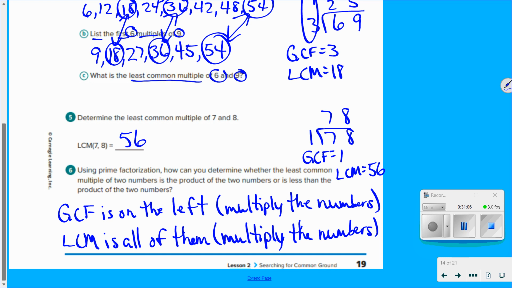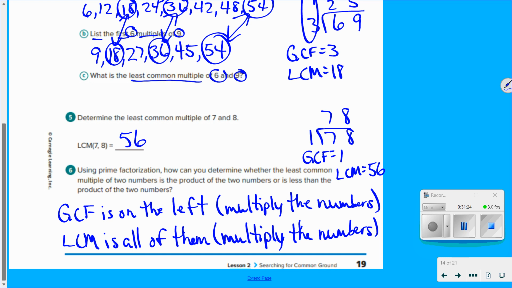Any questions on anything we have covered so far? Okay. And I do want to point out, we have showed you multiple ways. If you just really don't like the cake, if you want to do factor trees and build the prime tables and all that, more power to you.